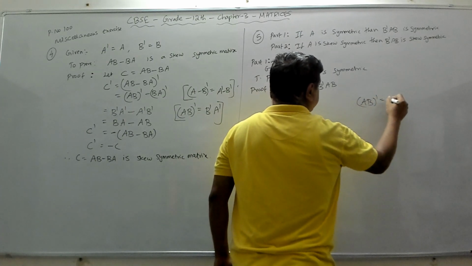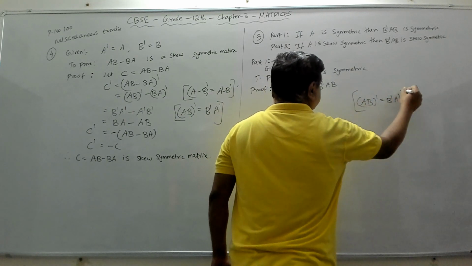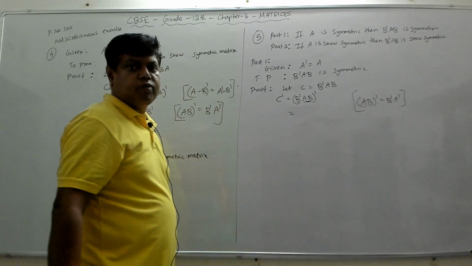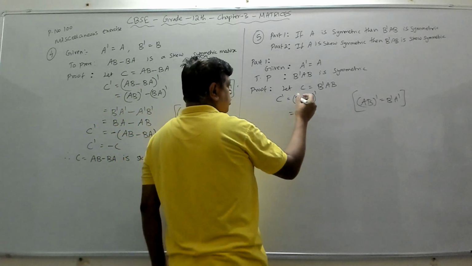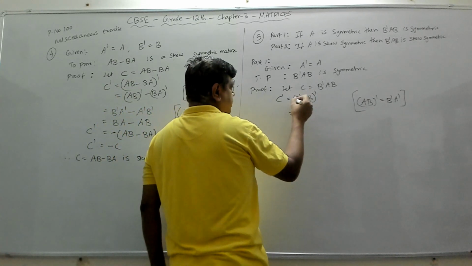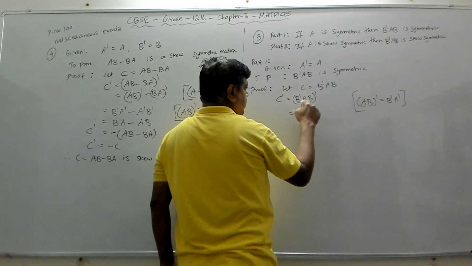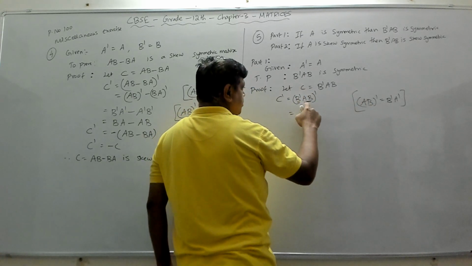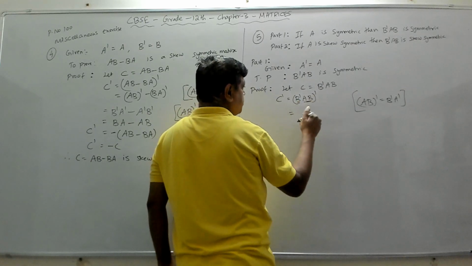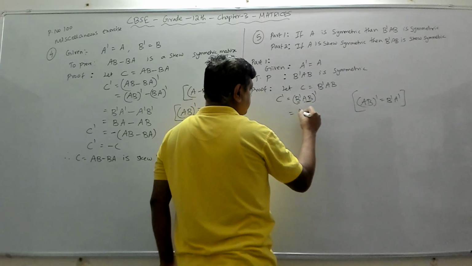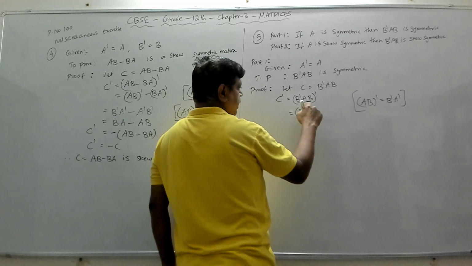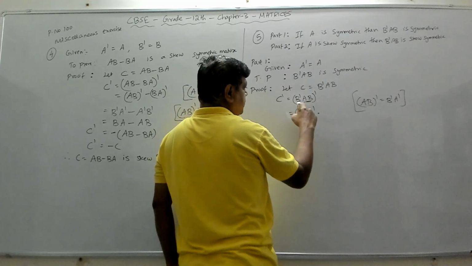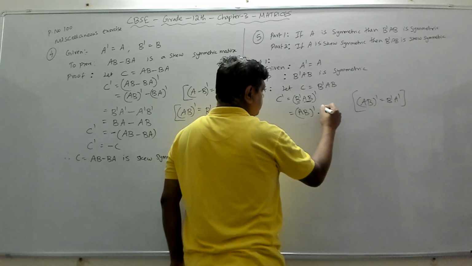It is B transpose A transpose, one of the properties of the transpose of a matrix. So I call B transpose as the first matrix and AB as the second matrix. Then this looks like AB whole transpose, which is the second matrix transpose into the first matrix transpose. The first matrix is B transpose, and for that we take the transpose.